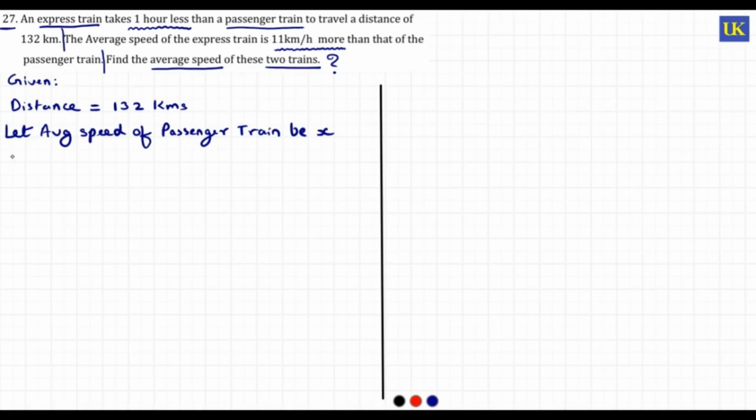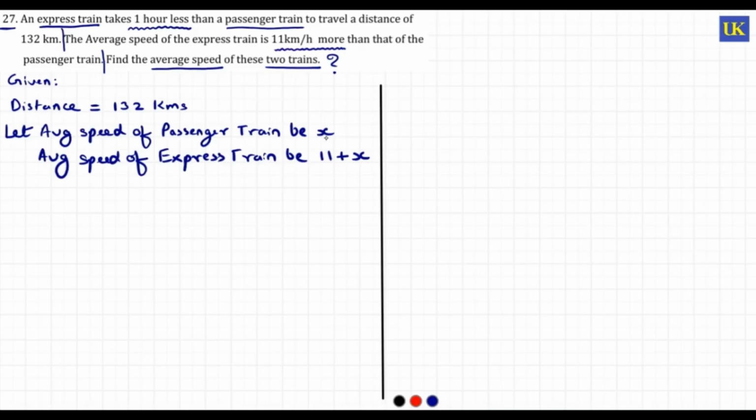Now similarly, we can say that the average speed of the express train be 11 plus x, we will say. 11 plus x we will say, because if the speed of the passenger train we are taking as x, then the average speed of the express train will be 11 plus x, because the express train is what they have given in the second sentence, that the express train speed is 11 kilometers more than the average speed of the passenger train.